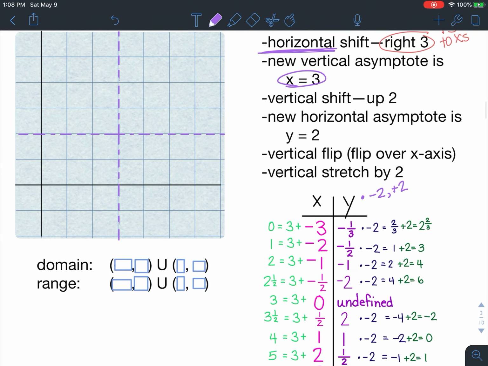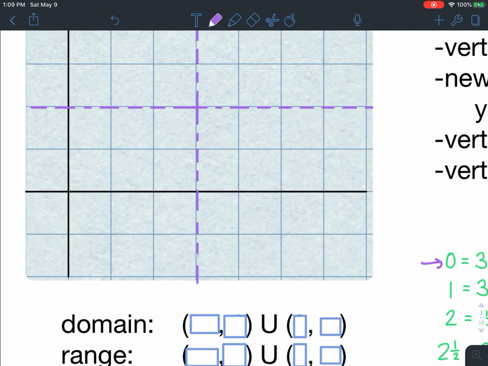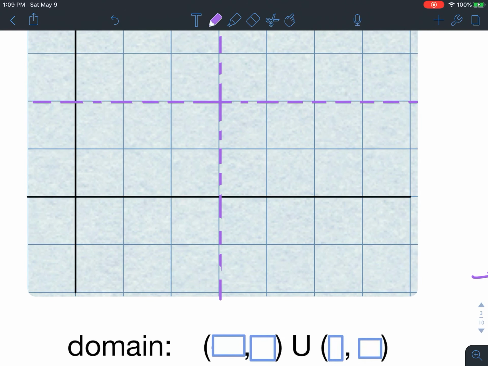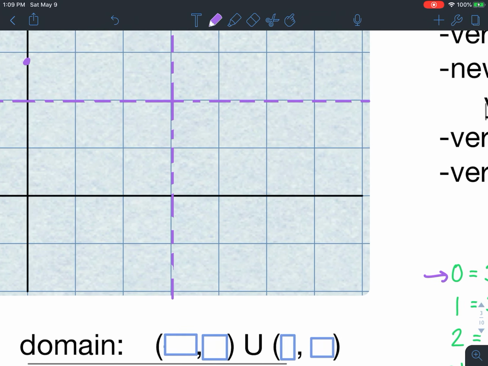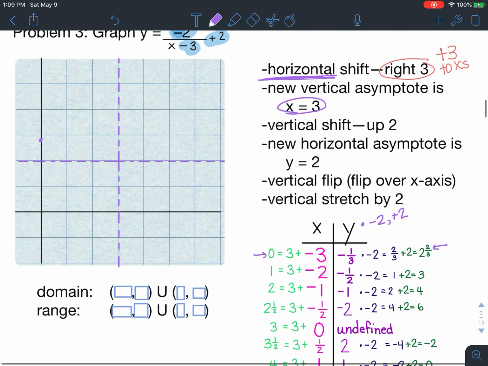Okay. So I'm just going to start at the left. So (0, 2 2/3). Now remember, these are actual real points on the graph, so you're counting from the origin. We're not really transforming. We did the arithmetic behind the transforming, so now we're just strictly plotting points.